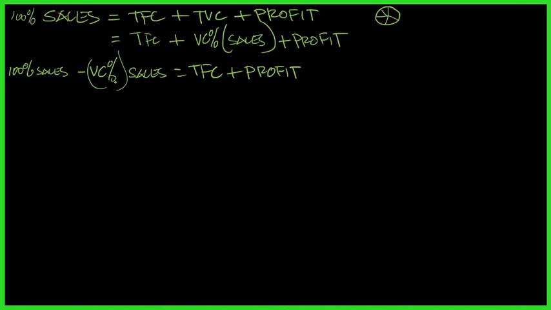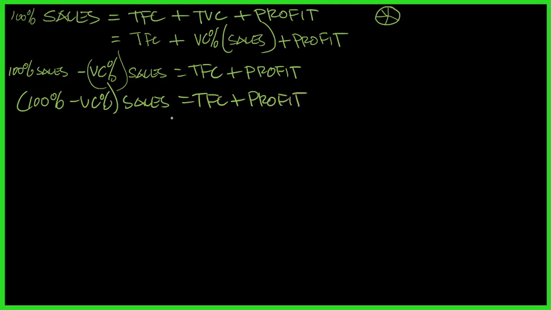So, if you have 100 minus variable cost ratio times your sales. Ano, familiar na ba to? Parang nakita na ninyo siya. There you go. Di ba 100% minus your variable cost ratio? This is also known, na-compute na natin to kanina, your contribution margin ratio. You multiply that with your sales and you will get your total fixed cost plus your profit.